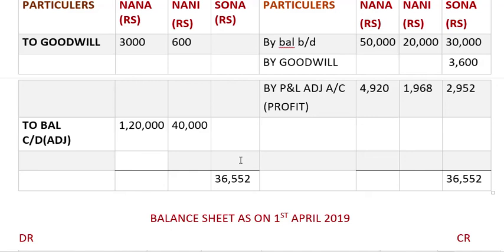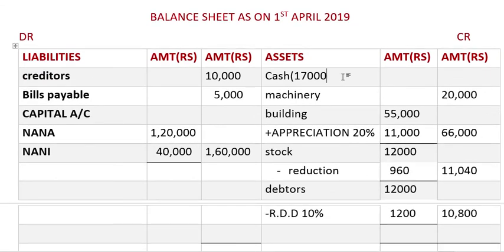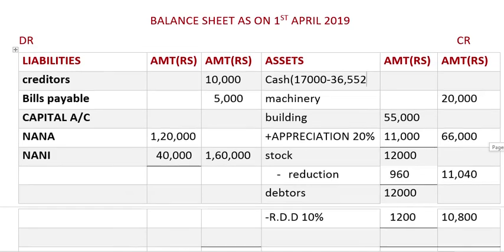And the minus, she is taking in cash, so to cash 36,552, and who has to pay? We have to pay it from the cash balance, so minus 36,552. Okay, from cash we are going to give this.